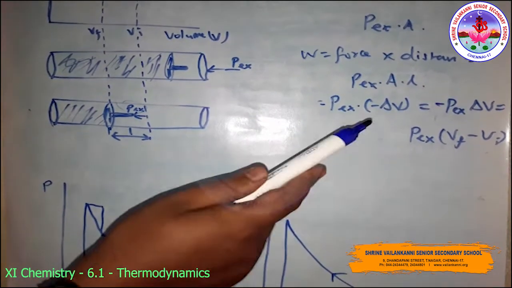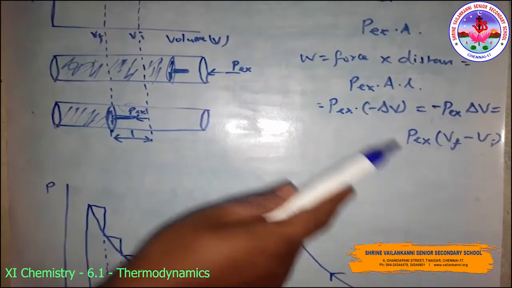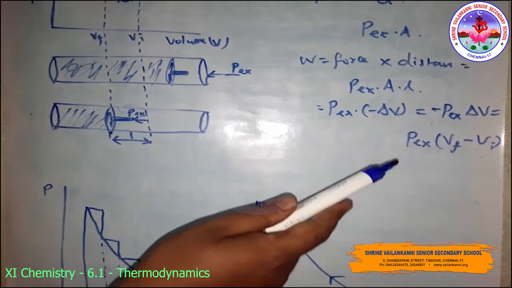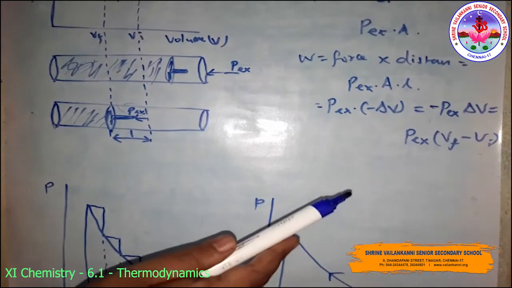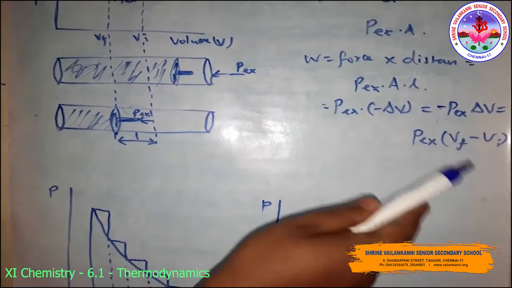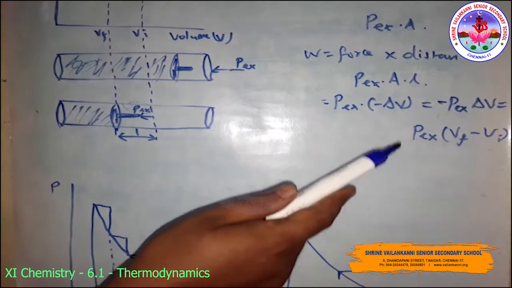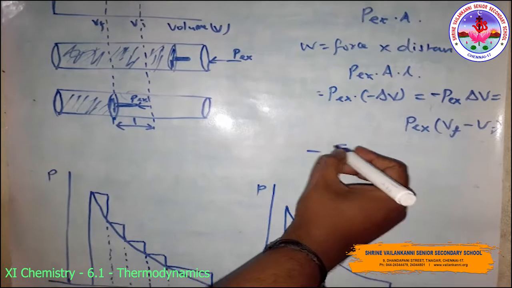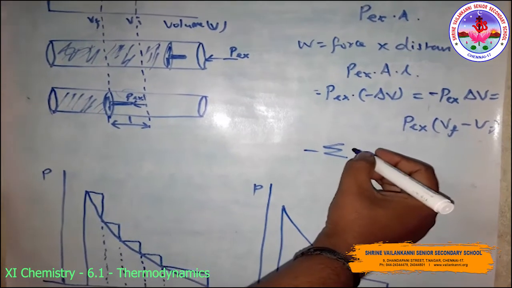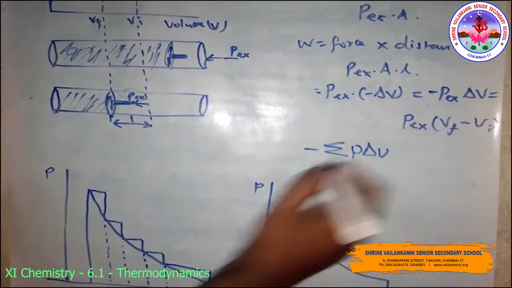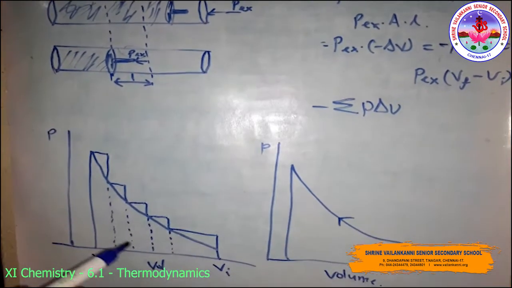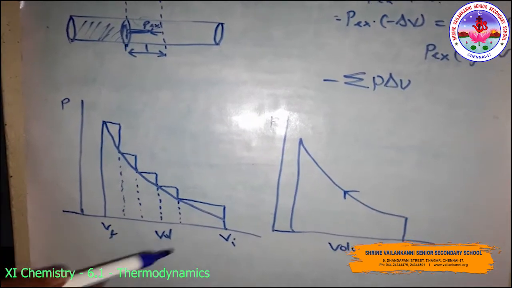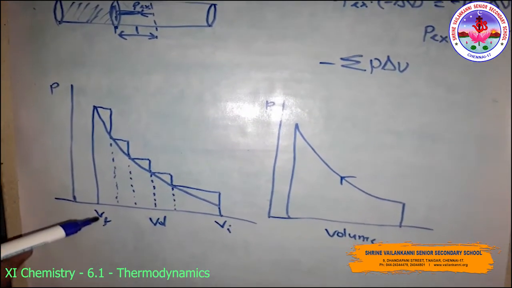If the pressure is not constant at every stage of the compression but changes in a number of finite steps, the work done on the gas will be the summation over all the steps, that is the summation of P delta V. Look, this is the graph, the PV plot when pressure is not constant and changes in finite steps.